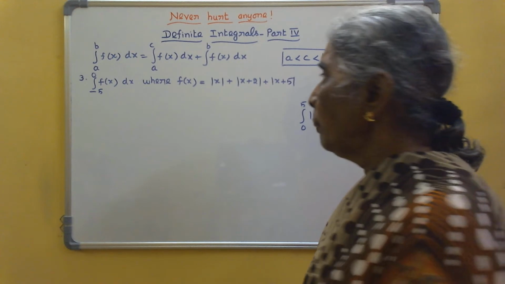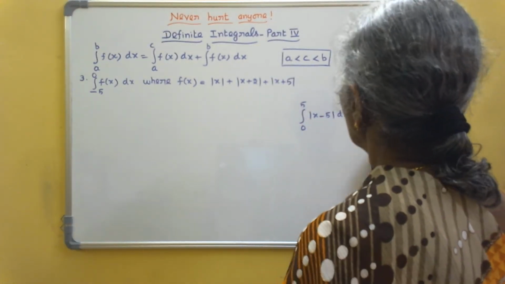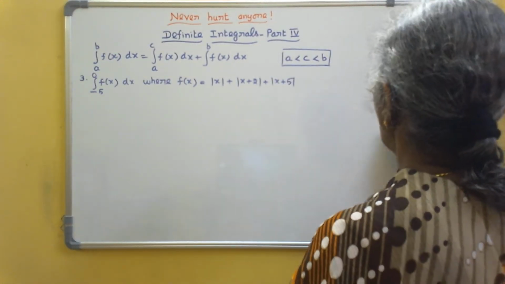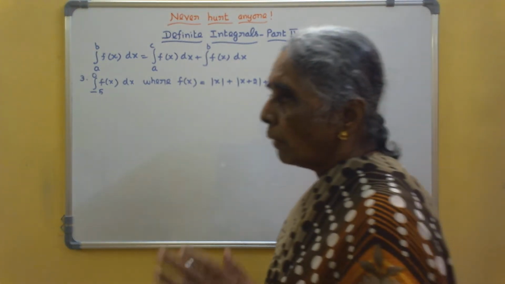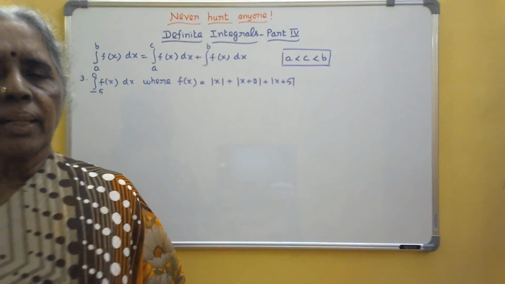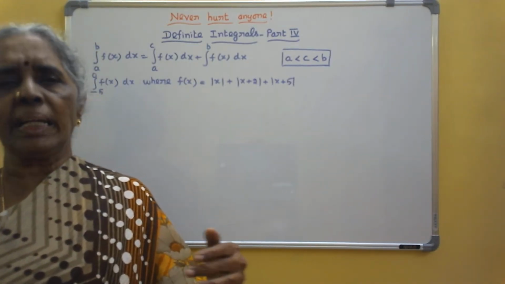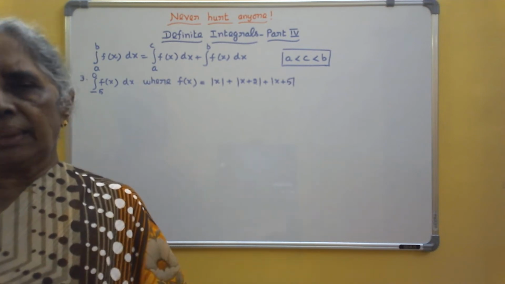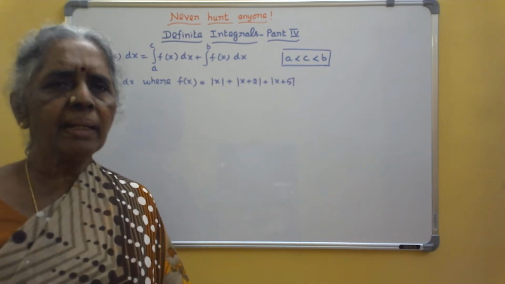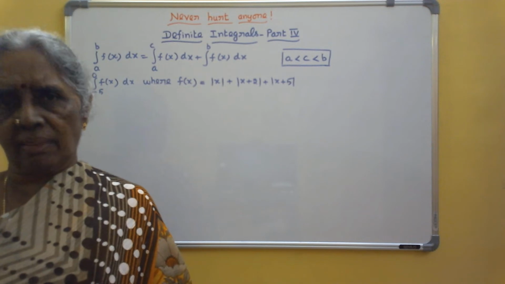In the third sum, it is given integral from minus 5 to 0 of f of x dx, where f of x is now a combination of three modulus functions. You can have a plus sign or a minus sign in between, that doesn't matter.